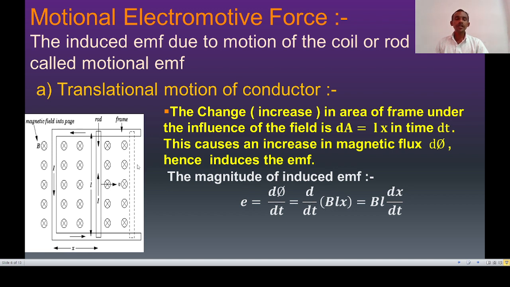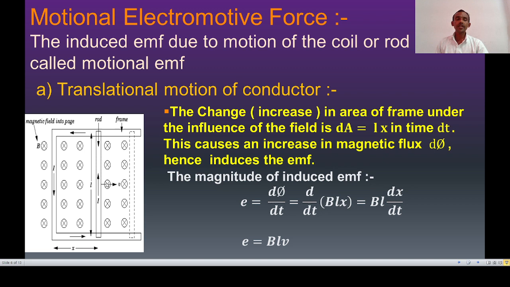L is the length of the rod which is in motion, and if v is towards the right, x will be increasing. Therefore E is equal to B L dx by dt. This quantity dx by dt gives the velocity. Therefore E is equal to BLv, the induced EMF.